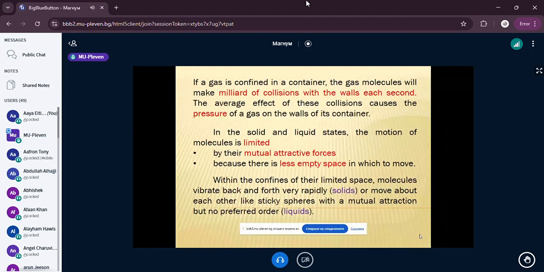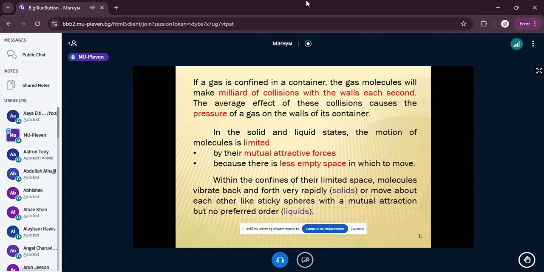In the case of liquid and gaseous state, we've got a difference. What is the main difference? That molecules possess both kinetic and potential energy, not just kinetic, as in the case of the gaseous state. But what is the difference between liquids and rigid bodies or solids? In the case of solids, molecules are very limited in their motion.